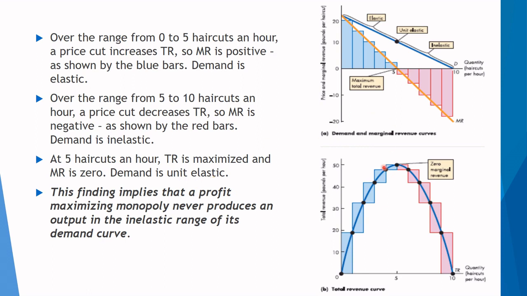Now, if we look at the bottom panel, which is showing us our total revenue curve, and if we match our total revenue curve with our demand curve and our marginal revenue curve, we can see the relationship.